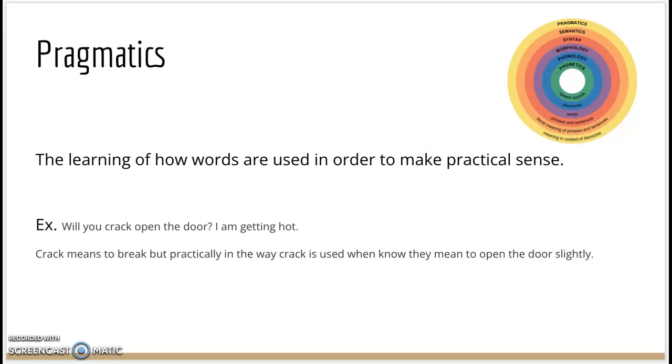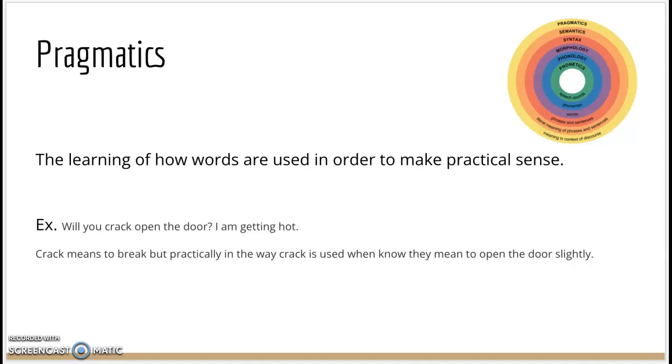But practically, crack means to break. And so you would have to know the meaning of the word, and then also be able to make it make sense in how you're using it. So the sentence is not asking you to break the door, but to make practical sense, it's asking you to open the door slightly.